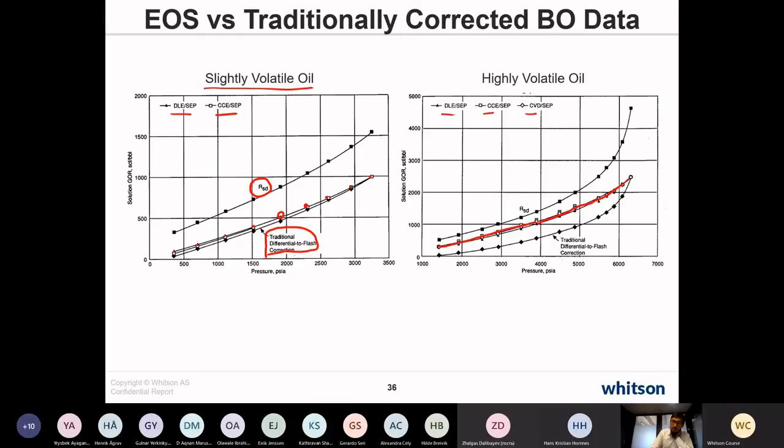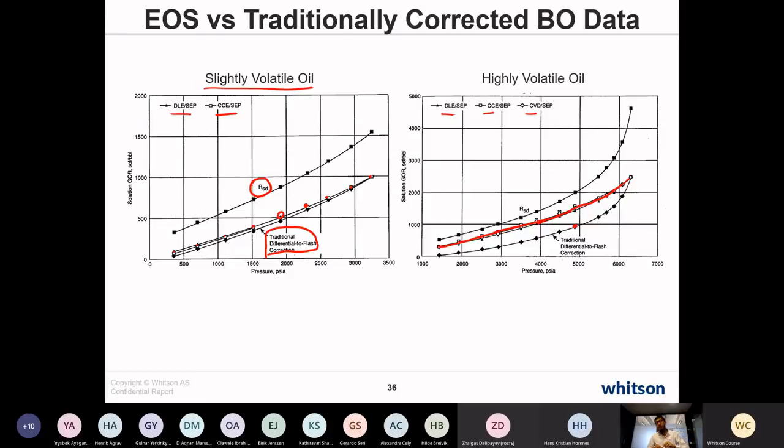So there is not much big difference in the three of them. The DLE is slightly lower compared to the CCE and CVD, and CCE and CVD are always overlapping. But you can see that these traditional corrections are far removed from the correct answer, that's from the equation of state model. So this number here is versus this number.